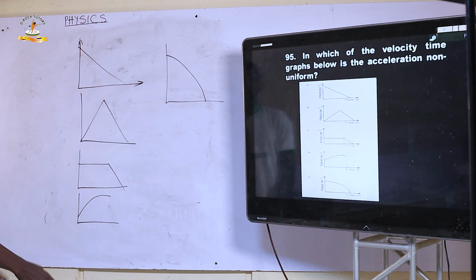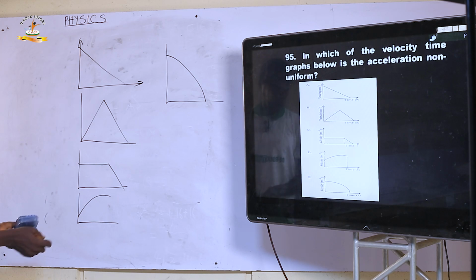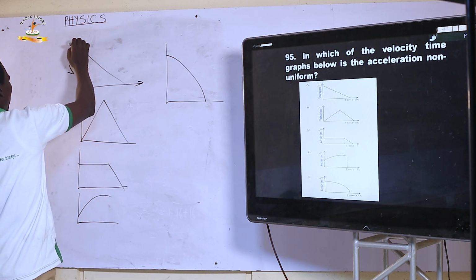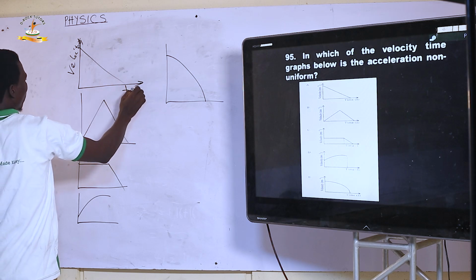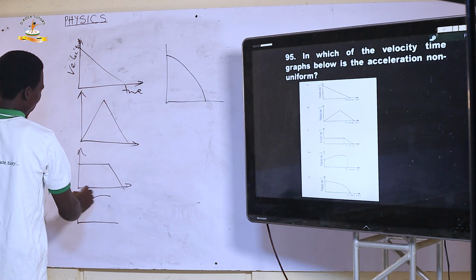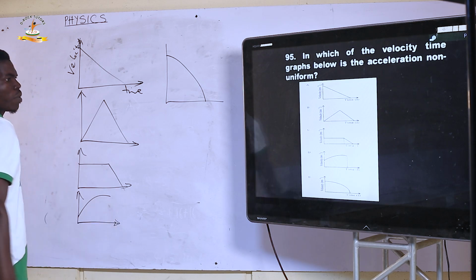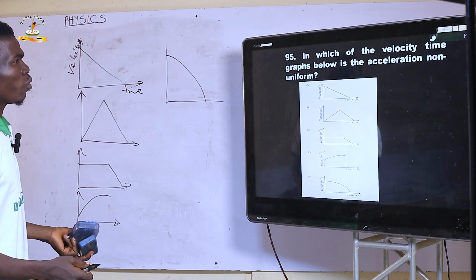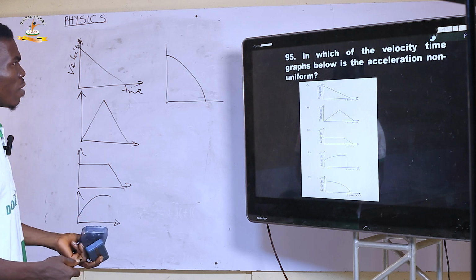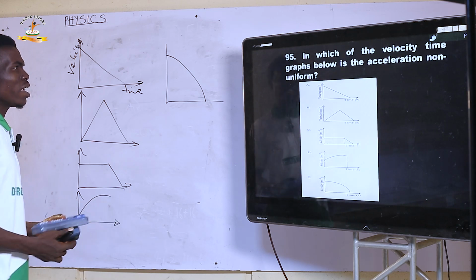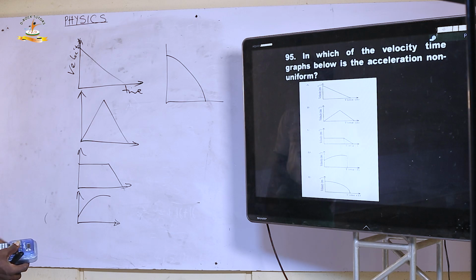The following are the graphs that you have, and they are velocity time graphs. The question is asking in which of the velocity time graphs below is the acceleration non-uniform. Alright, let's see how it works.